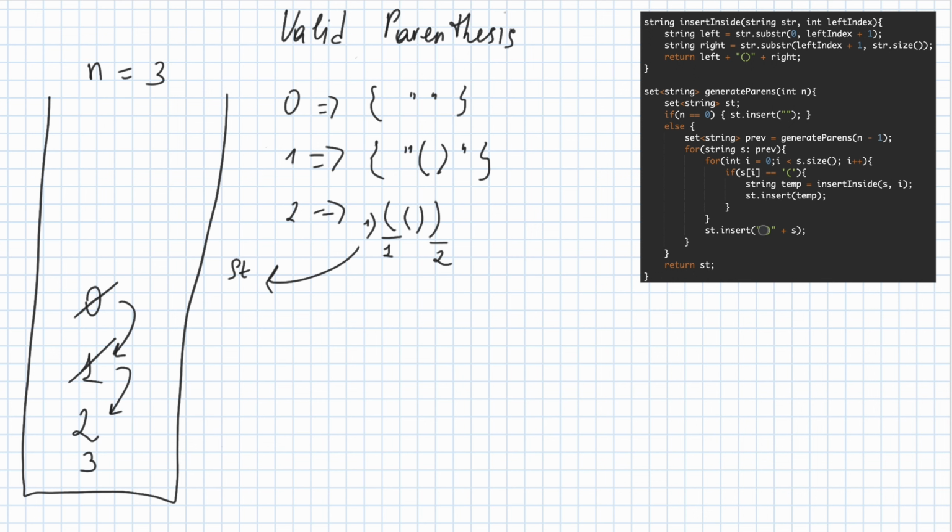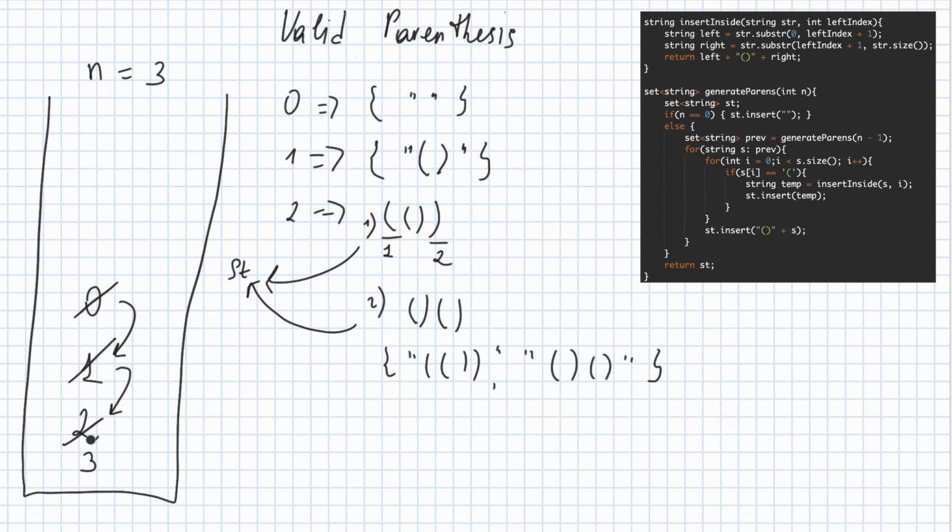We insert into the set a valid combination plus the string. Currently our string is itself a valid combination, so the second string will be as follows. We take this valid combination of a pair of parentheses plus the string itself, and it is inserted into the set.